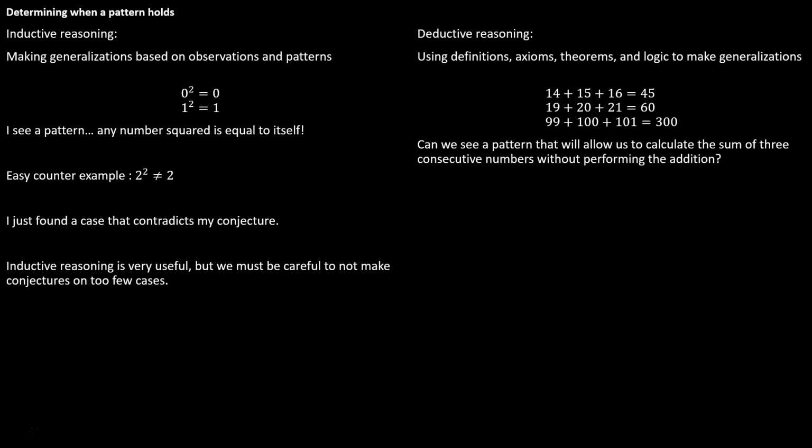Maybe we recognize that there is a pattern here, and it comes from the center number being multiplied by 3. 15 times 3 is 45. 20 times 3 is 60. 100 times 3 is 300.